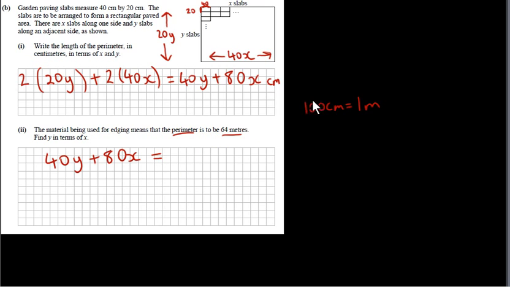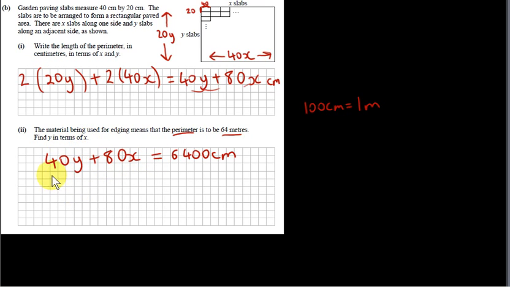So 64 meters is 64 times 100, or 6400 centimeters. Now we're using the correct units, since this here is in centimeters. We have to find Y in terms of X.